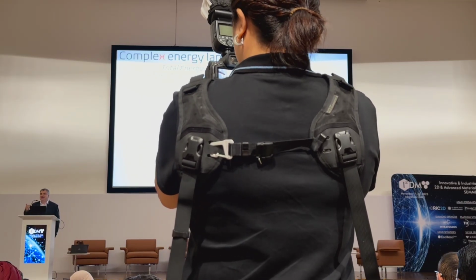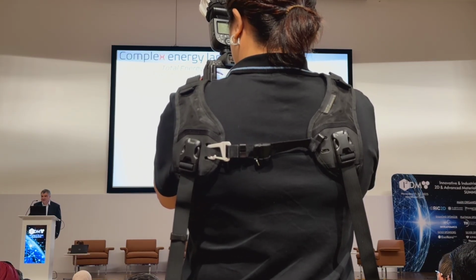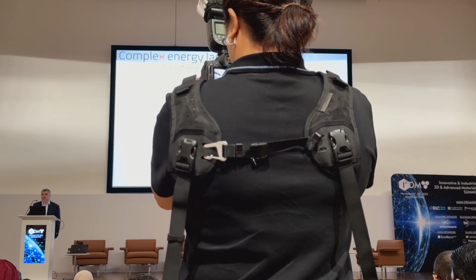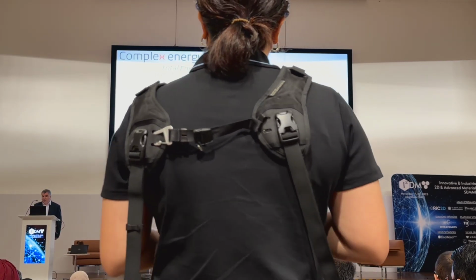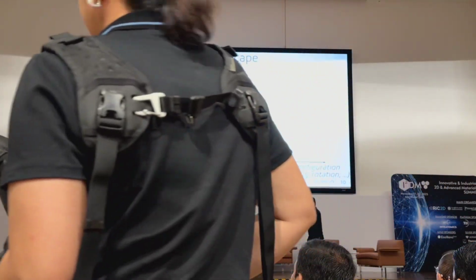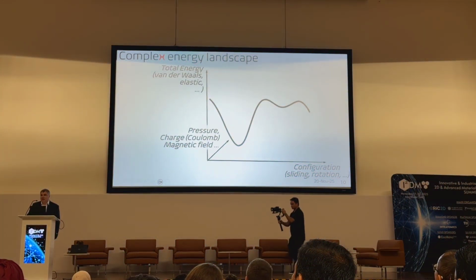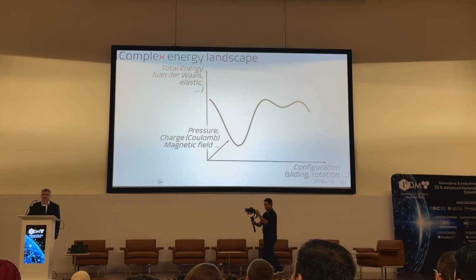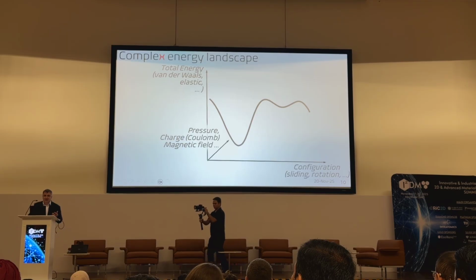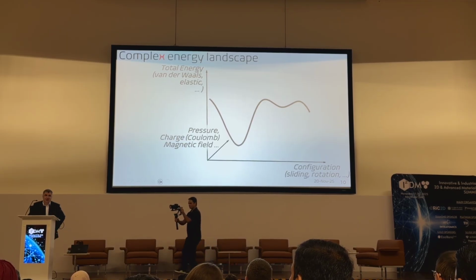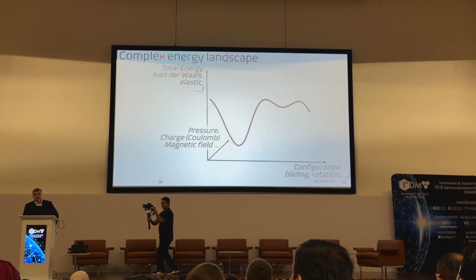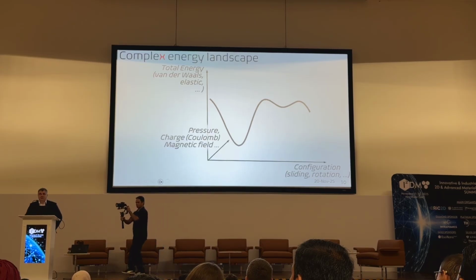So ideally, you need some extra knobs which you would be able to control, and then you might create a little bit more interesting energy landscape. And usually it's either pressure or charge, like Coulomb interaction, maybe magnetic field. I'll talk a little bit more about this.